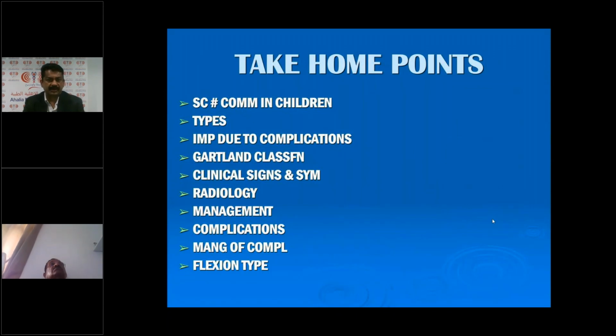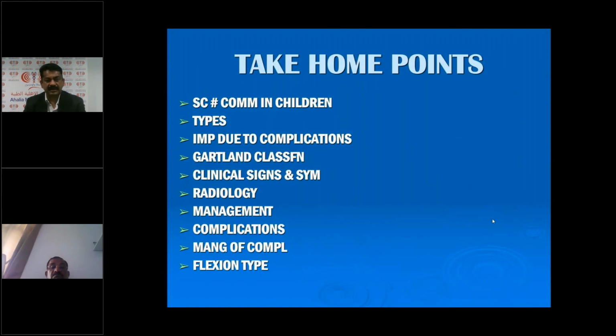So the take-home points of the discussion: the supracondylar fracture is the commonest elbow fracture in children, and of the types of supracondylar fractures, the most common is the extension type. The importance is due to the complications that can happen, especially the devastating complications.